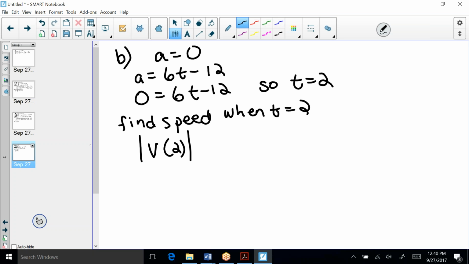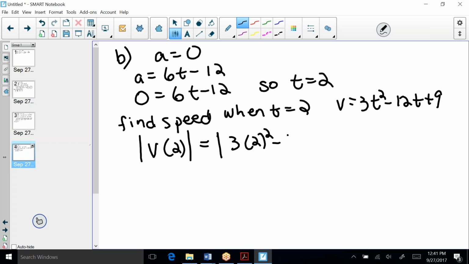So we're going to take our velocity function and plug 2 into that velocity function from the previous page. So the velocity function, we had v is equal to 3t squared minus 12t plus 9. And so we're going to plug 2 into there for our time now. So we have absolute value of 3 times 2 squared minus 12 times 2 plus 9.